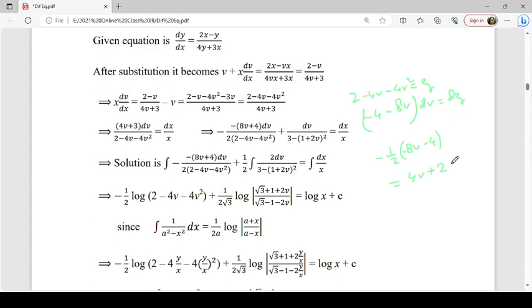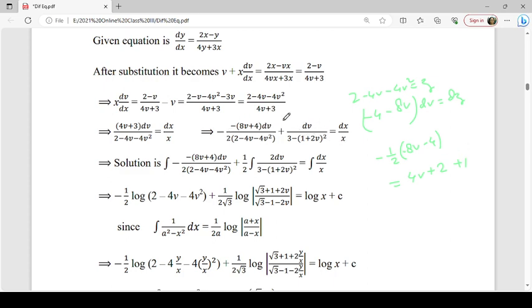So we need 1 plus 1, so that this is 3, this 4v plus 3. So after writing this, we are making this 1. So this part is here and this 1 is here.